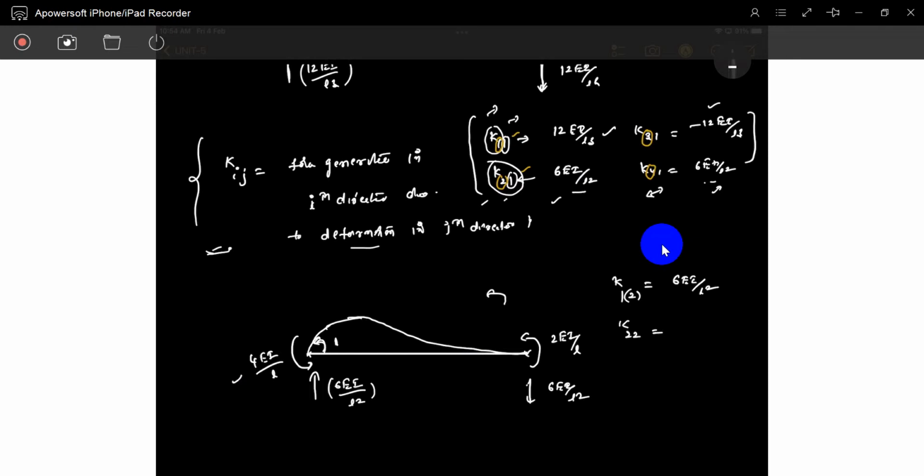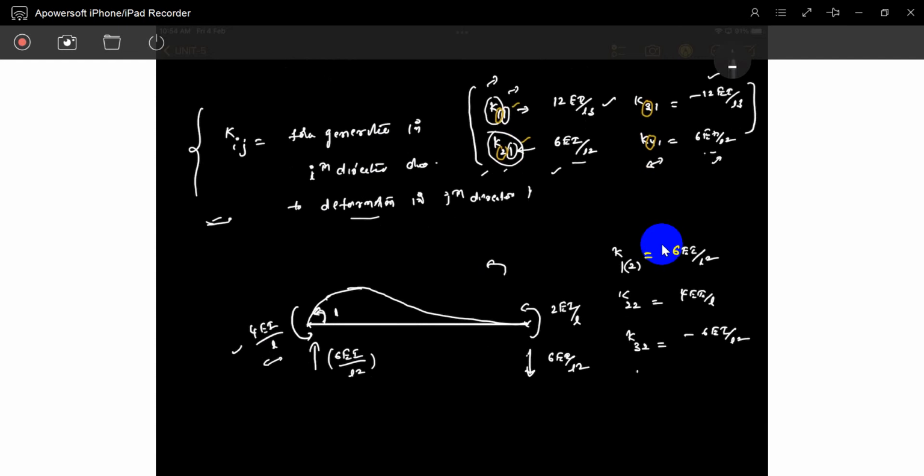That value is 4EI by L. Next K32, the third direction: 6EI by L square, but it is negative. K42, the fourth, is 2EI by L.